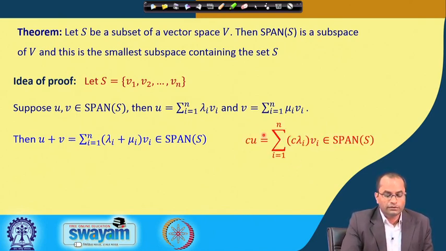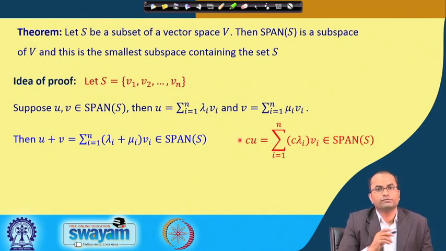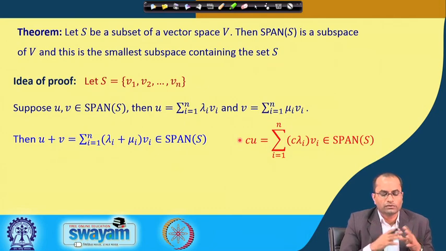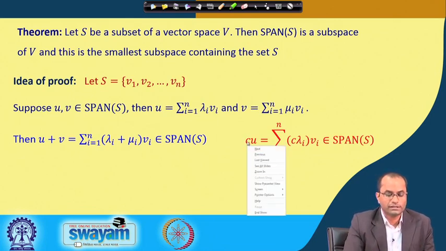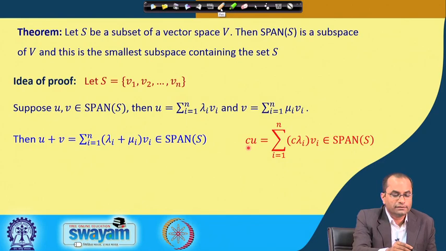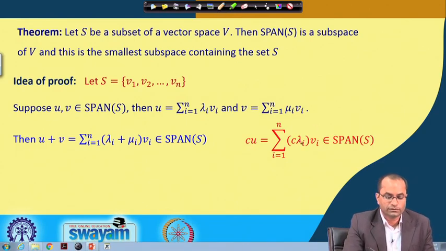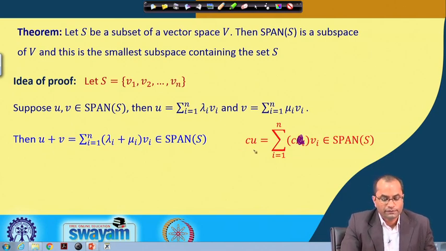Another closure property we check is multiplication by a scalar, where we take c as a scalar. If we multiply this c to the vector u, what will we get?